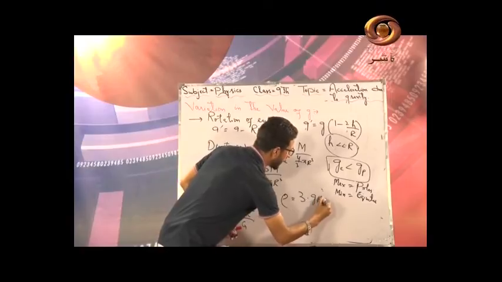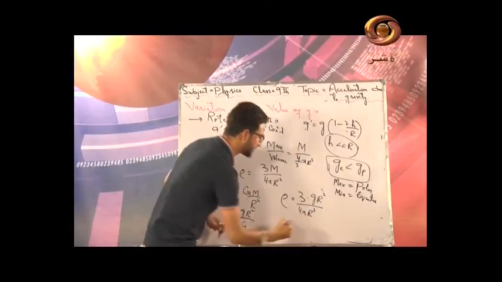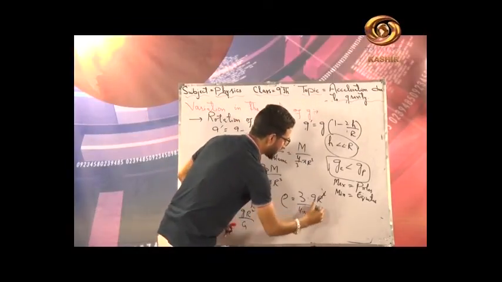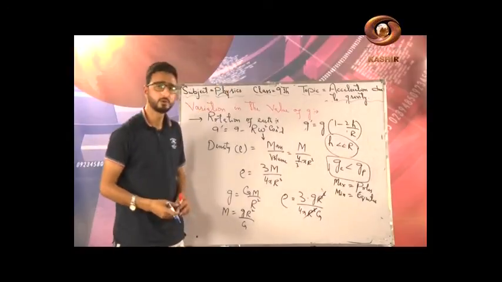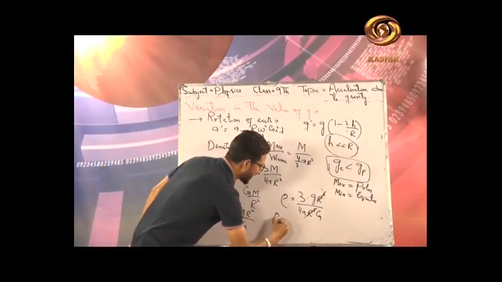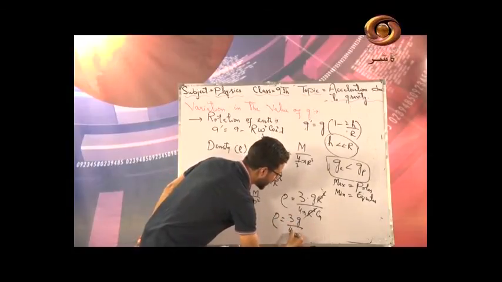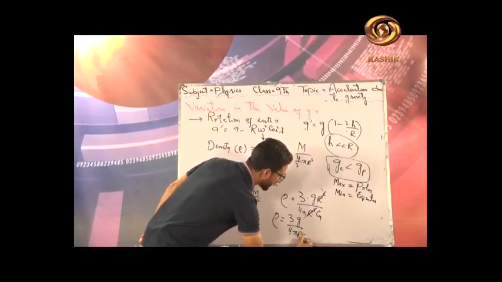This is gr square divided by 4 pi r cube into g. ठीक है ना? ये r square और r square कैंसिल हो जाएगा, नीचे एक r रह जाएगा. तो ये जो एक्सप्रेशन है डेंसिटी की, इट विल बी इक्वल टू 3g divided by 4 pi r capital G.